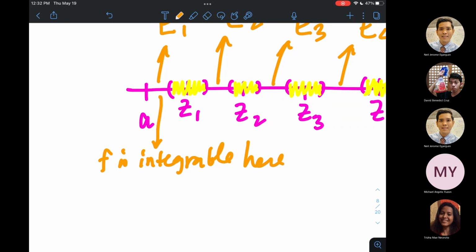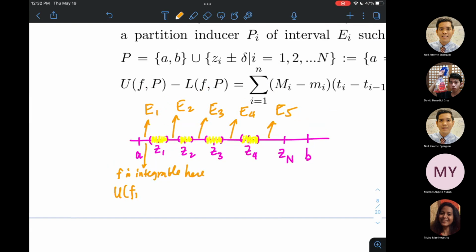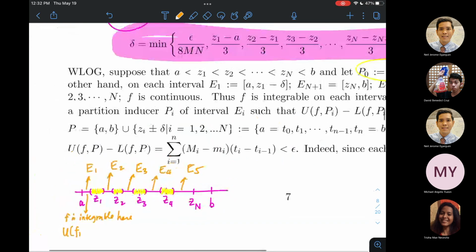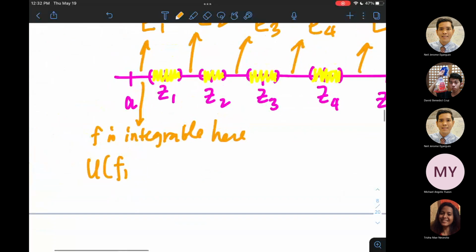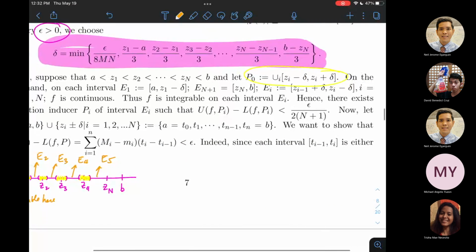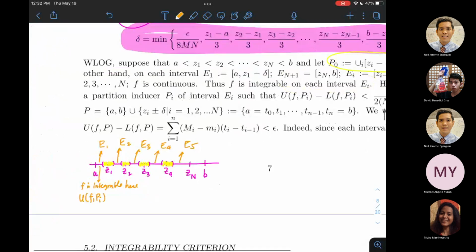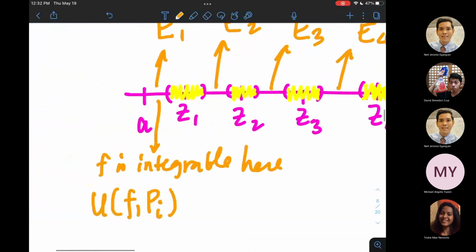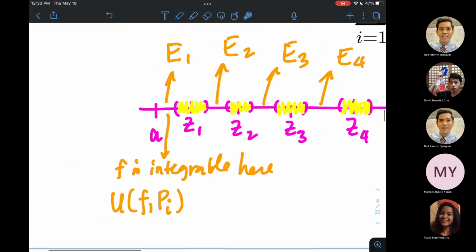Okay. So ibig sabihin yung upper Riemann sum relative to this partition, paano kaya siya isusulat? Let's see. Tawagin ko na lang siyang P sub i. Alright. So si P sub i ay isang partition inducer ng interval E sub i. Right?